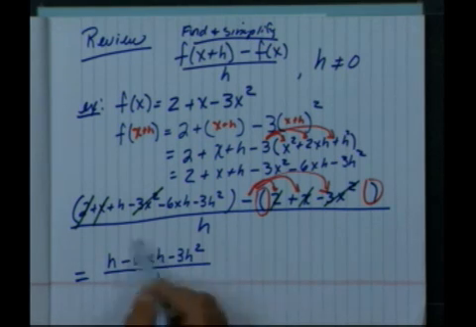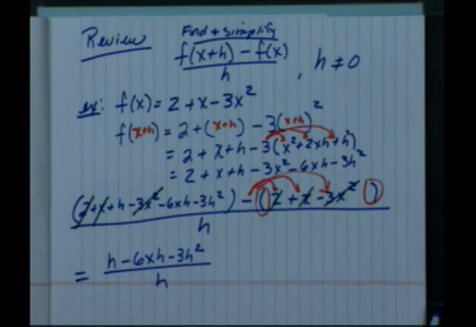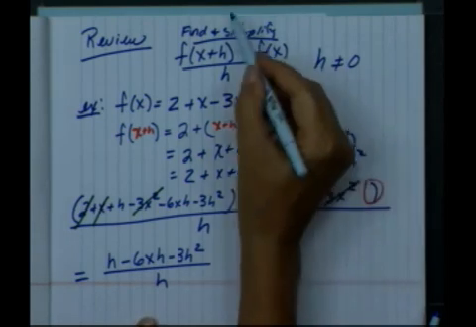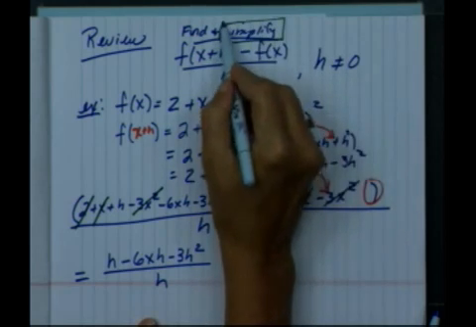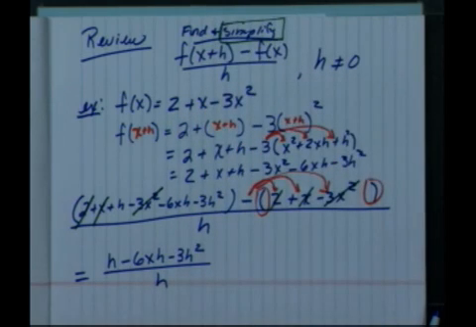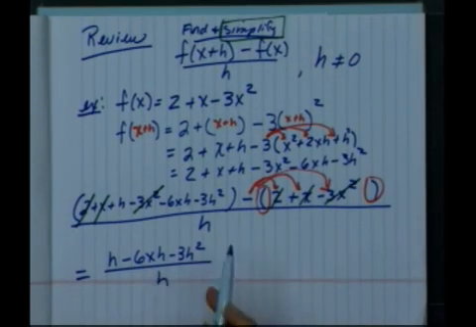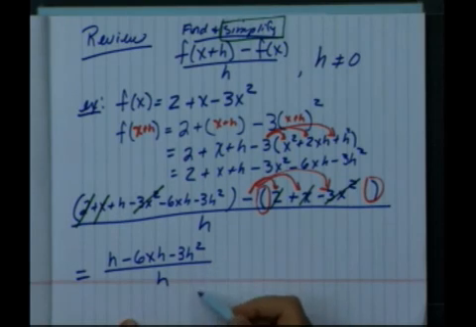Okay, now that's a very good answer, except that the instructions on the test always say, and simplify. All right, so this is like a fraction that can be reduced further. It's like if you had the fraction 4/6, you can reduce it further to 2/3.